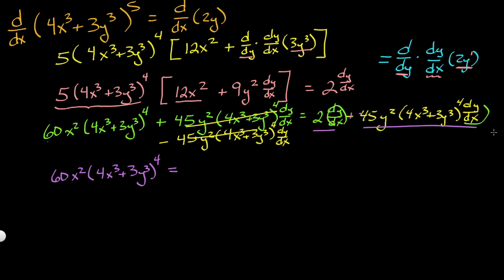So I can factor that dy dx out. So I have dy dx times, it's going to be 2, I'm not going to do plus negative here, I'll just do minus the 45y squared times the quantity of 4x cubed plus 3y cubed, all raised to the fourth.